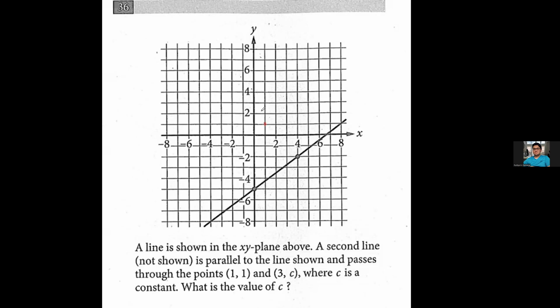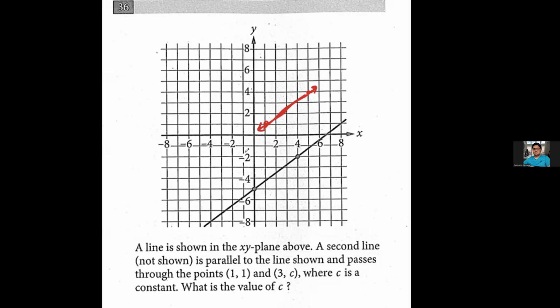So 1 right here and 3, c. What is the value of c? Well, for this one, the slope is up 3, right 4. So up 3, right 4. This would be the line, and it would obviously go up and down.